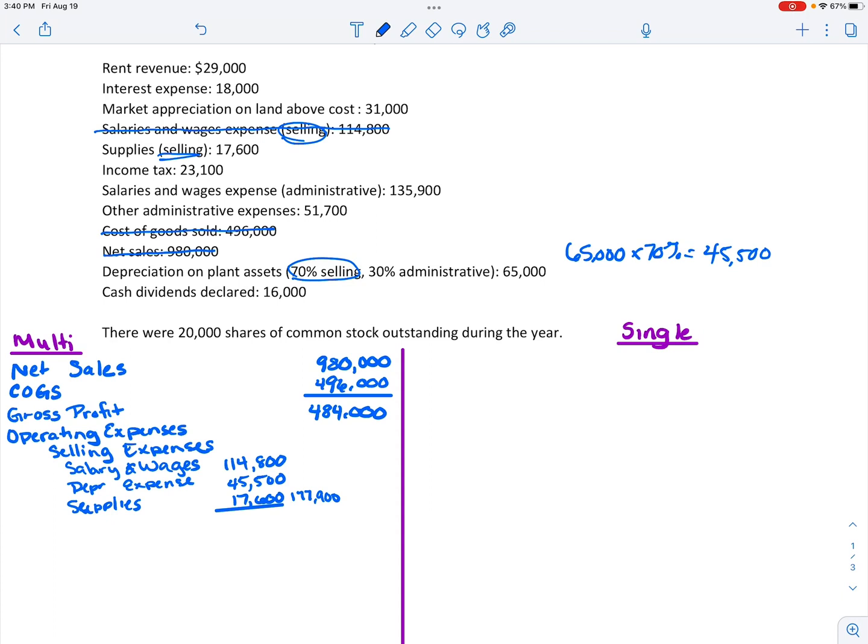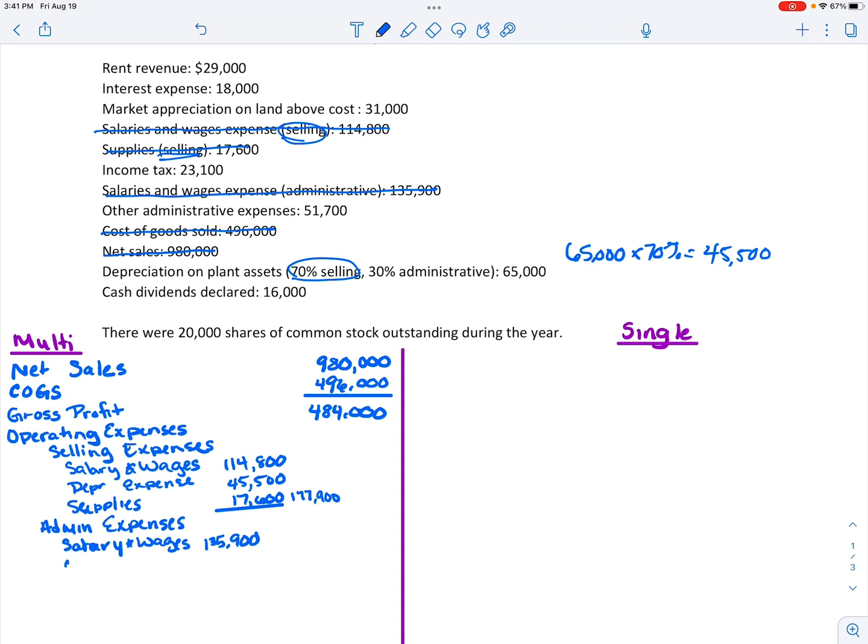After we list out our selling expenses, we're going to list out our admin expenses. I'll put that column heading in, and then I'm going to bring in anything else that was administrative cost. I do have some salary and wage expense, and that was $135,900 right here.